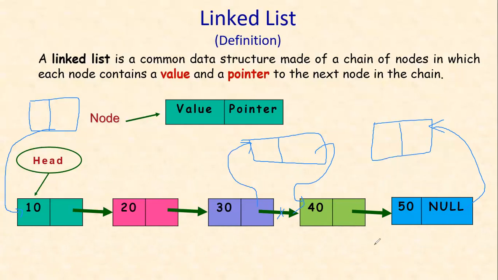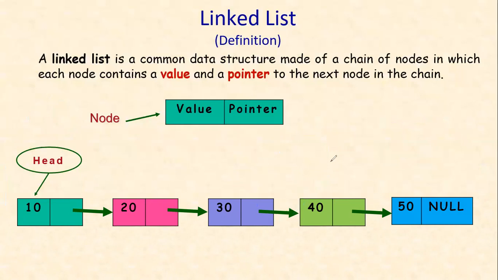I will take code segments to explain this, and step by step we will see. Before then, if any new listener is there, I am repeating this definition of a linked list. A linked list is nothing but a chain of nodes where each node consists of a value and a pointer, and all the nodes are linked together like this.